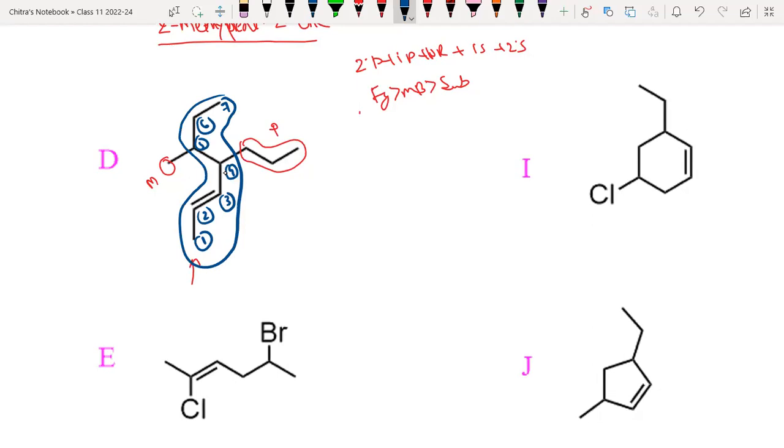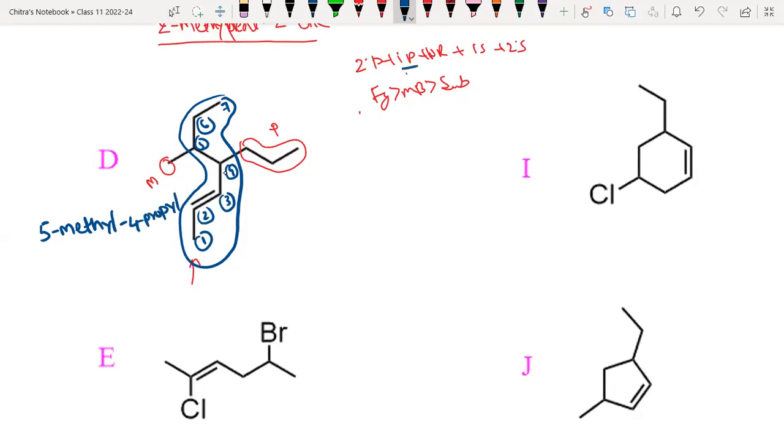Its position is 5, so it is 5-methyl. Then 4-propyl. Then it is not cyclic, so don't go for that.